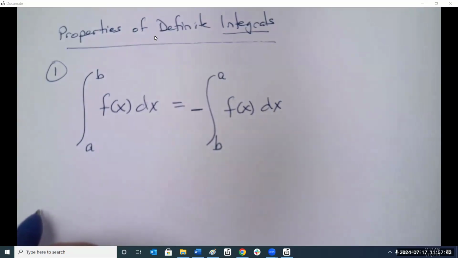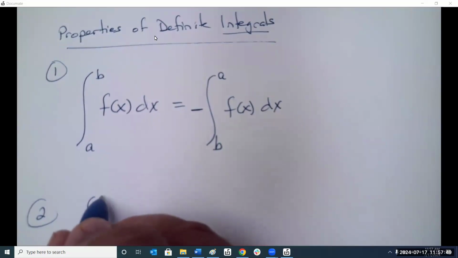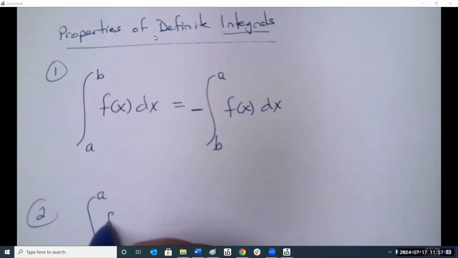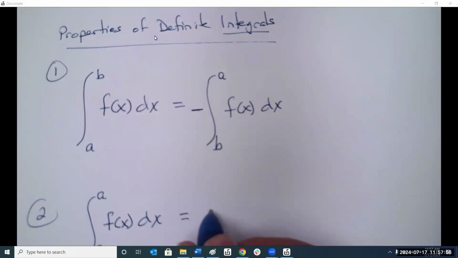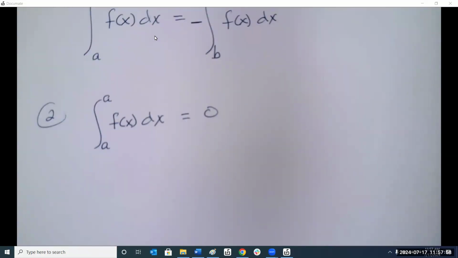That's the first one, and it'll become apparent once I define how to do all this stuff. The second one is if our bounds of integration are the same, then that will give you no area under the curve.